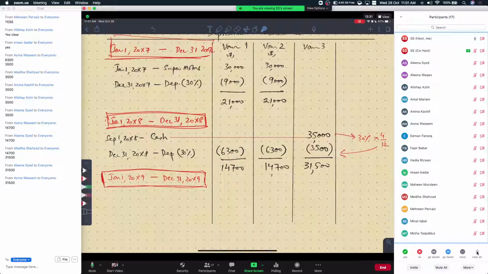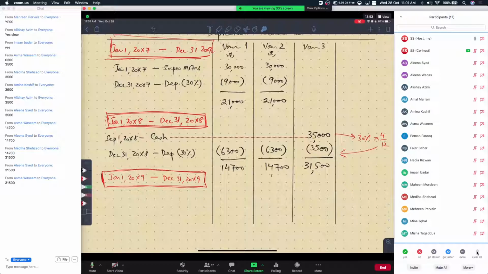Since our depreciation policy is that we consider the number of months of usage, and we all agree that van 1 was sold on 30th of June, that means from 1st of January 20x9 to 30th of June 20x9, this van was used for 6 months.